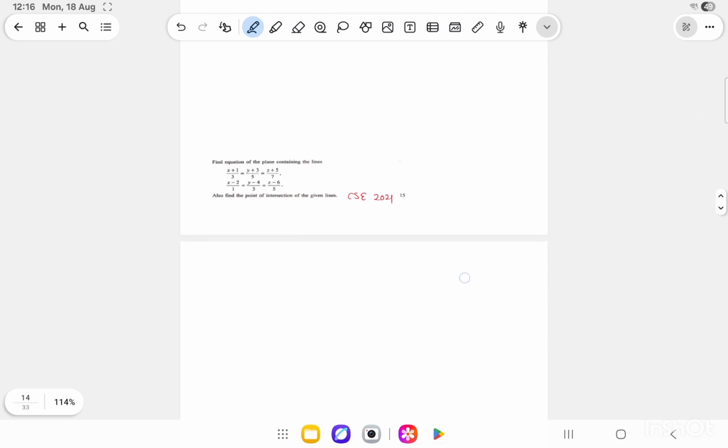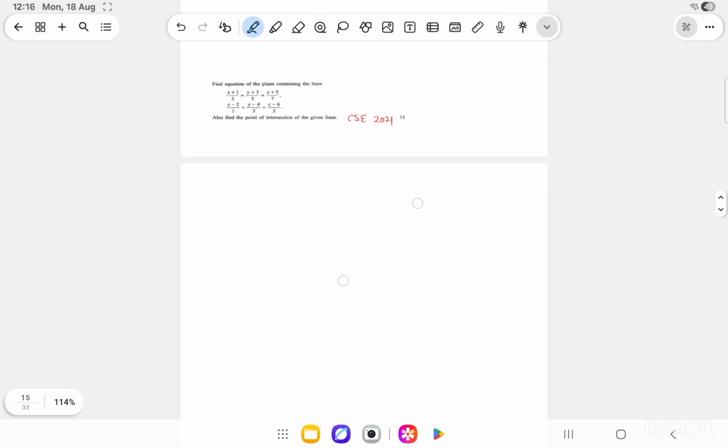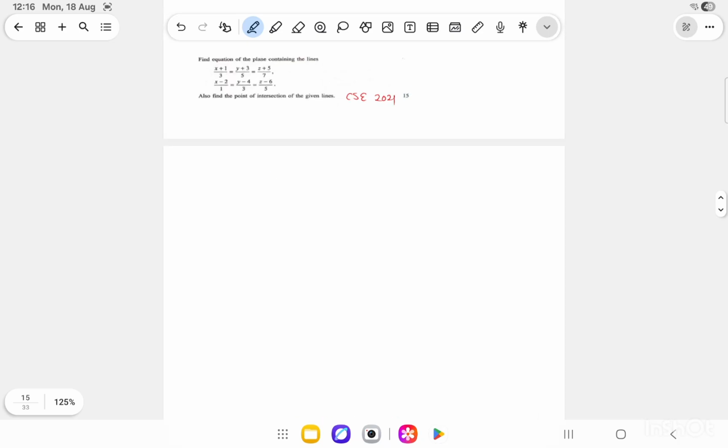Now let us move on to question number 4th, I guess, or maybe 5th. The question says find the equation of the plane containing these lines and also find the intersection of the given lines.